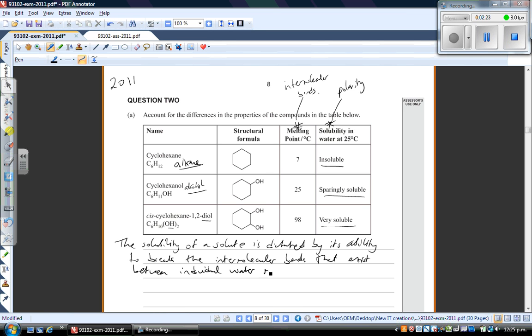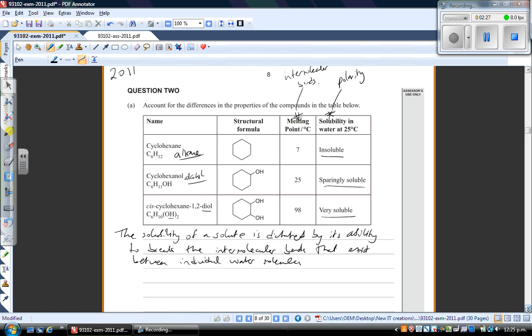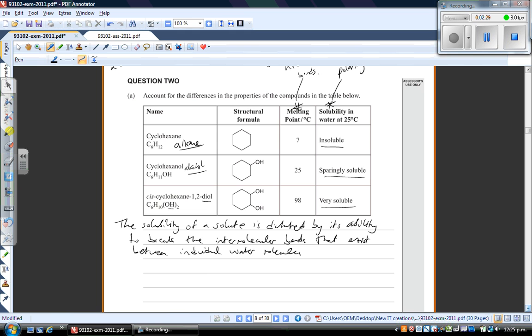So if you want to dissolve in water, then you need to be able to break those bonds that hold the water molecules together. Now, if we draw 2 water molecules, the intermolecular bonds we're talking about here are hydrogen bonds. In terms of intermolecular bonding, hydrogen bonds are one of the strongest, and therefore, in order to break them, you need something which can compete with those hydrogen bonds.